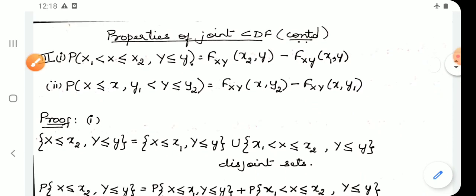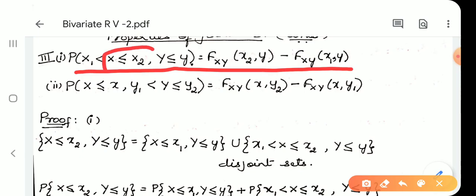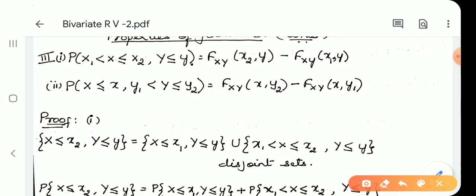Let us see how to prove this. To prove the first one, let us consider this, that is X less than or equal to x2, comma Y less than or equal to y.